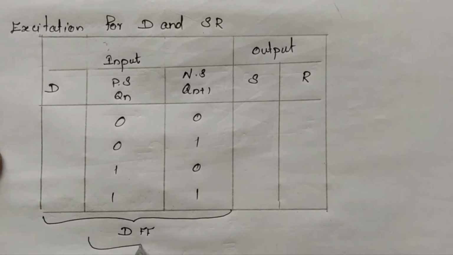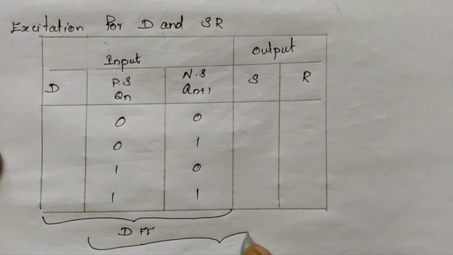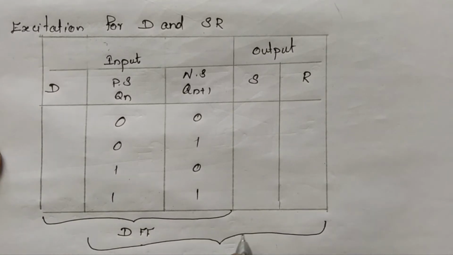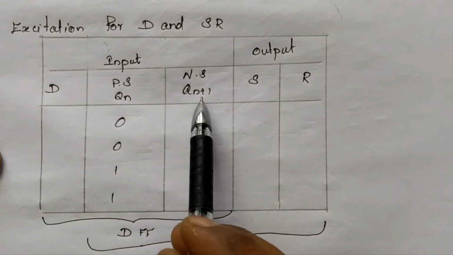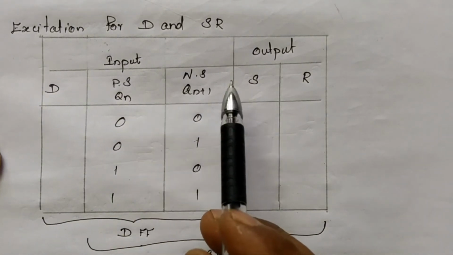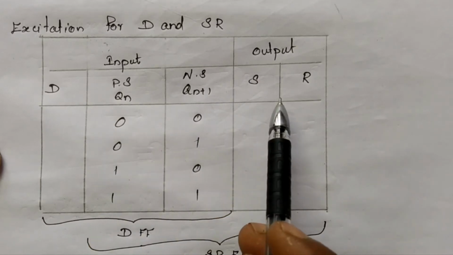Likewise, from here to here it will act as the excitation for the SR flip-flop. We know that for flip-flop excitation we must have the present state as well as the next state. Using that we will have the flip-flop input D or SR.